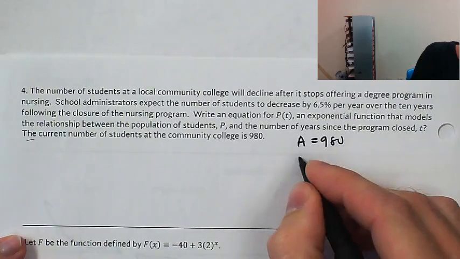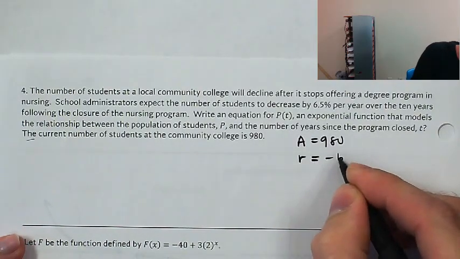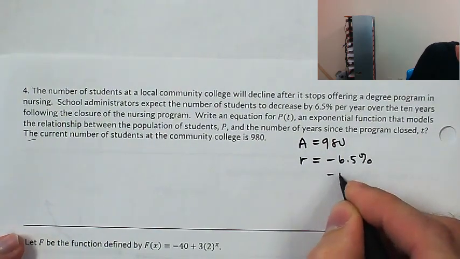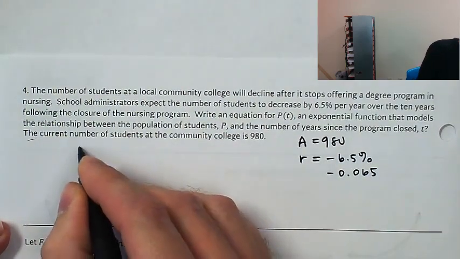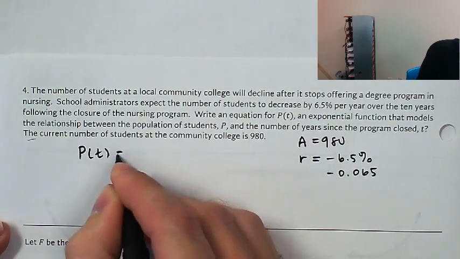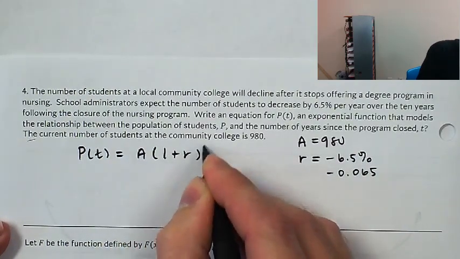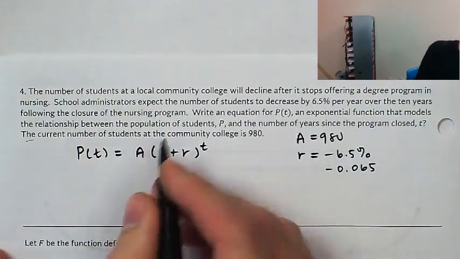So a is 980, and the rate is negative 6.5% because it's decreasing, so that's negative 0.065. P of t, the exponential function, will be a times 1 plus r to the t, where r could be negative if the thing was decreasing.